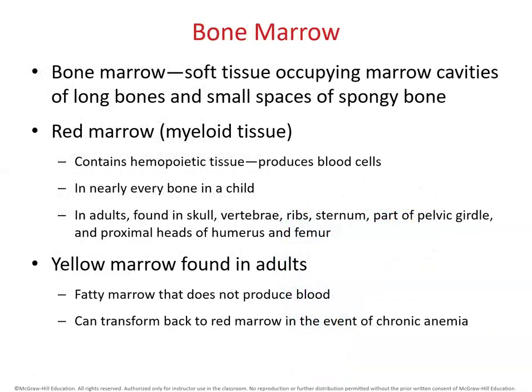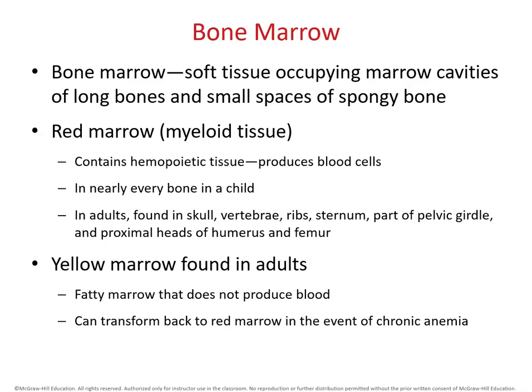And we're going to wrap up here by talking about bone marrow. Bone marrow fills the cavities of the long bones and the small spaces that exist within the spongy bone. We have red marrow, and red marrow is what has the hematopoietic tissue. That's what I study. That produces the different blood cells.